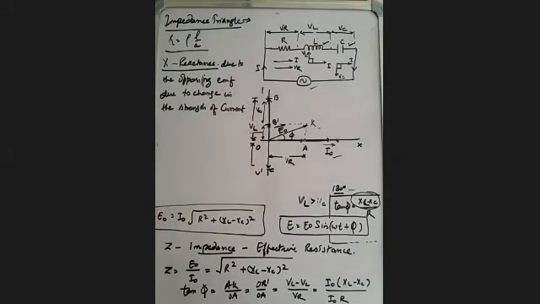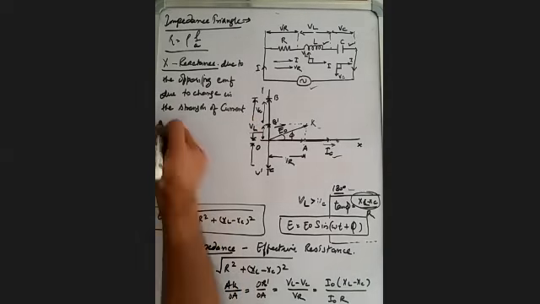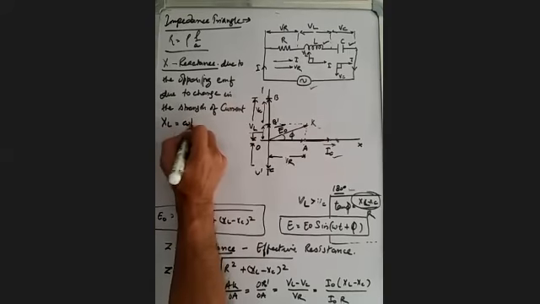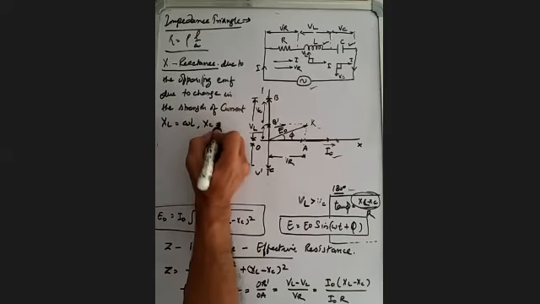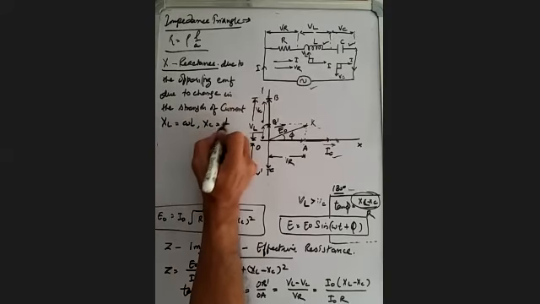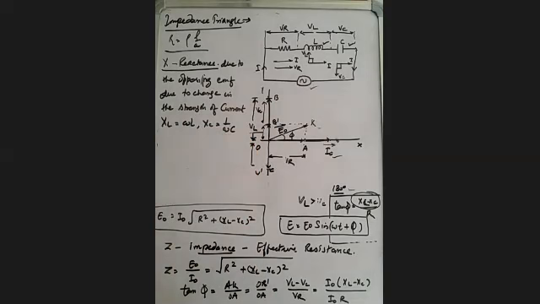So reactance due to the inductor is given by omega L, and due to the capacitor, XC is given by 1 upon omega C. So these are the resistances offered by the inductor and the capacitor.